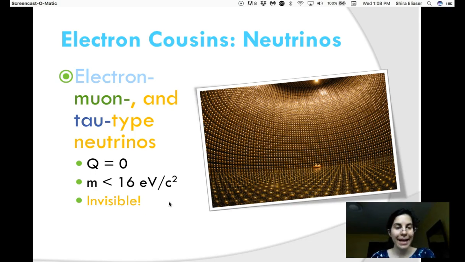Now remember, the mass of the electron was 0.5 gigs. That's 500 million electron volts, on which the neutrino clocks in at less than 16. So we're talking minimum 8 powers of 10 smaller than the smallest known particle. That's how small a neutrino is, and that's why we call it a neutrino and not a, well, neutra.